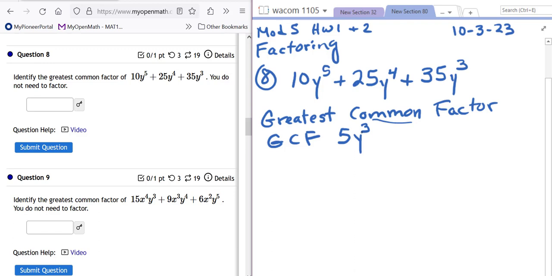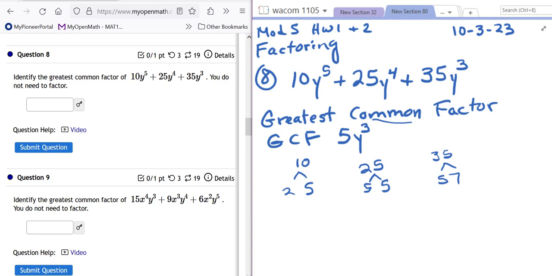If you have a problem that is really hard and you can't tell what it is, you can always break these to primes. So like I could have done 10, which gives me 2 and 5. 25 gives me 5 and 5. And 35 gives me 5 and 7. And you can only pick what's common, so it has to be in all 3 pieces to use.